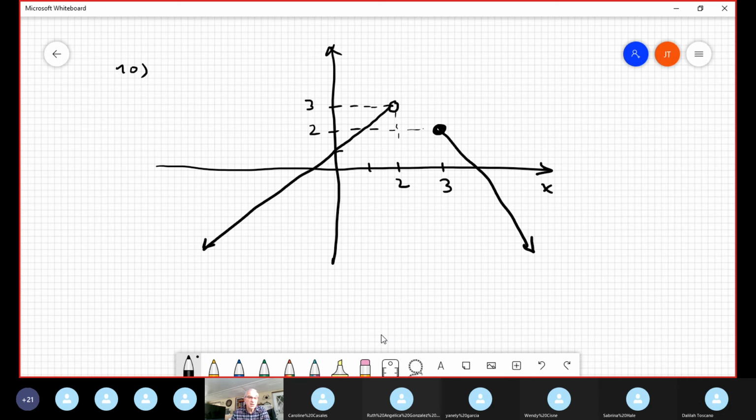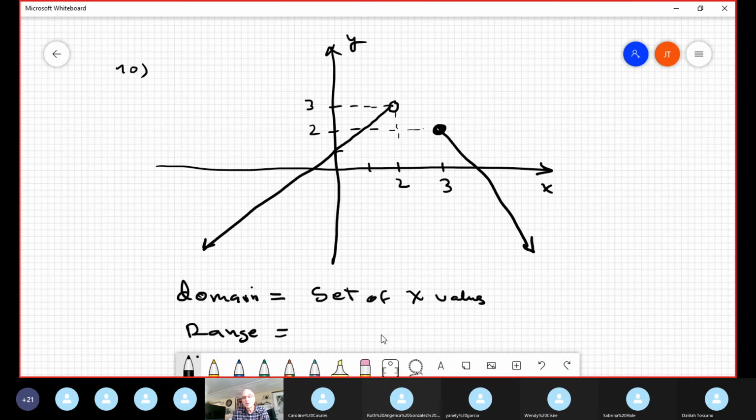They want to determine the domain and range of that function. Look in the graph. Only look in the graph. No mathematics, nothing. So remember, domain is the set of the x values such that the function is defined.